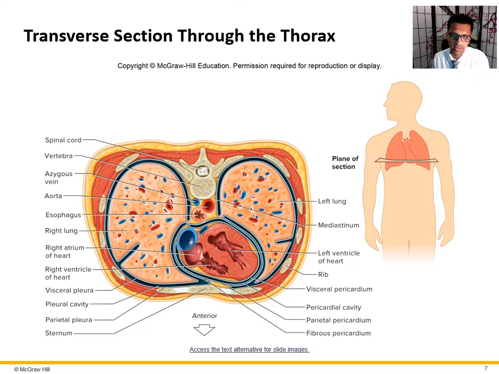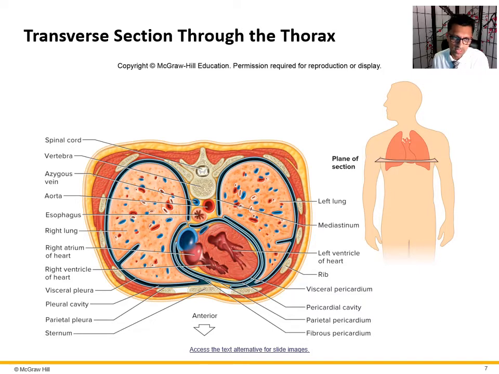But the main purpose of this image is to show this cavity, this visceral pericardium, okay, the pericardial cavity, okay, the parietal pericardium, the fibrous pericardium. So these are the layers that protect the heart, and these are the layers, the visceral pleura, the pleural cavity, and the parietal pleura, that protect the lungs.